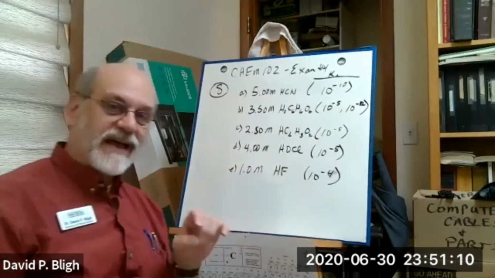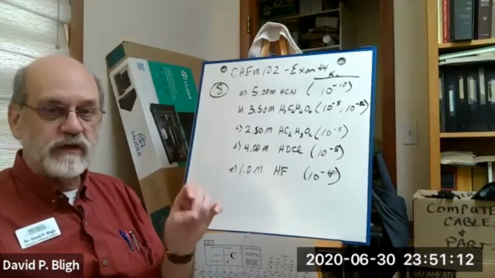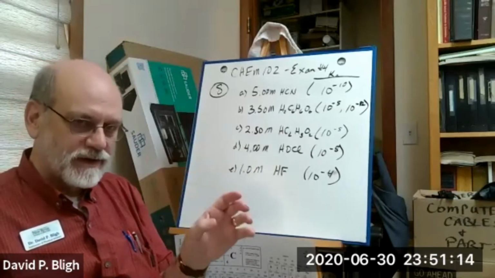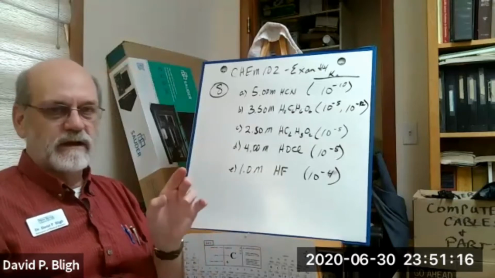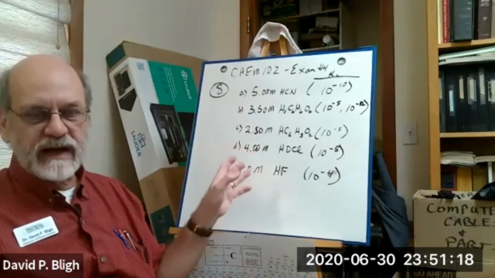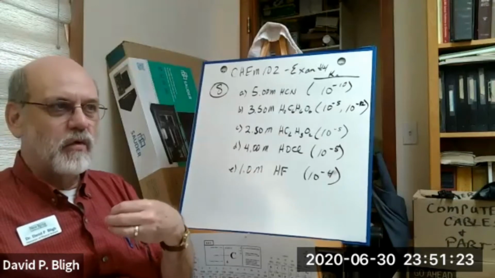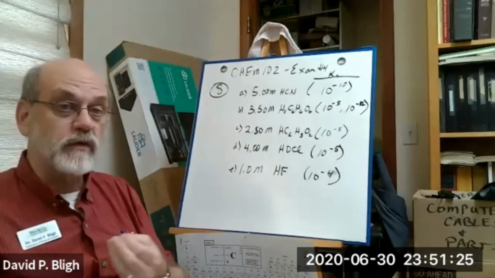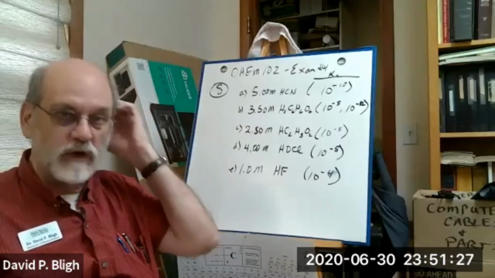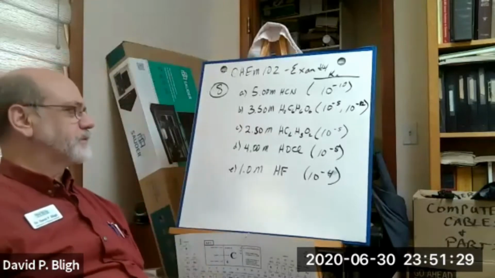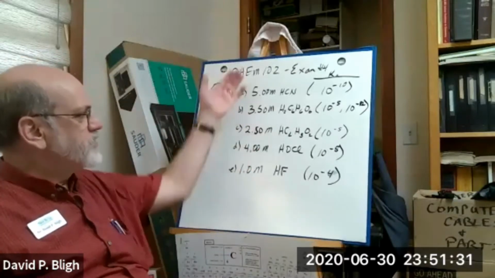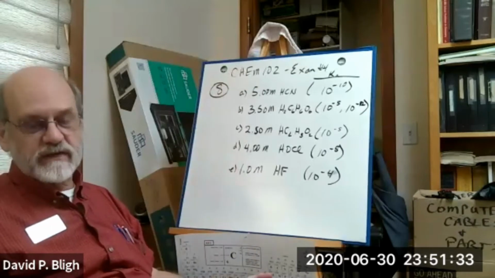When we talk about acid strength, we're exclusively focused on Ka. Concentration doesn't mean anything, because Ka tells us what's the tendency of that acid to dissociate one of its protons. So the concentration means nothing for strength of an acid.